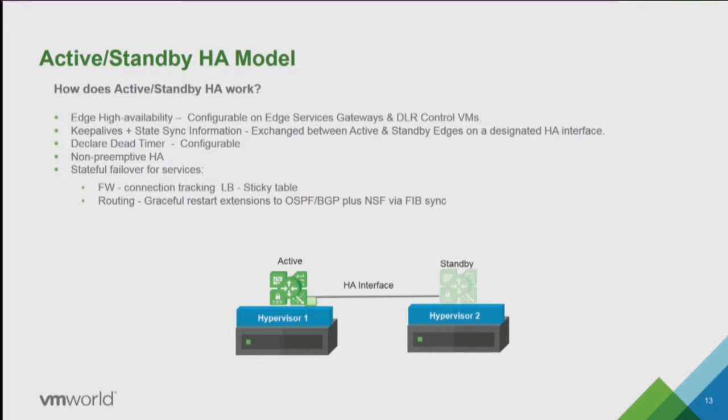So it's pretty important to keep it dedicated when you deploy it. We are exchanging the keepalive to make sure that active and standby can communicate with each other. Over this interface, we also synchronize all the stateful services to make sure that the standby can take over the services.